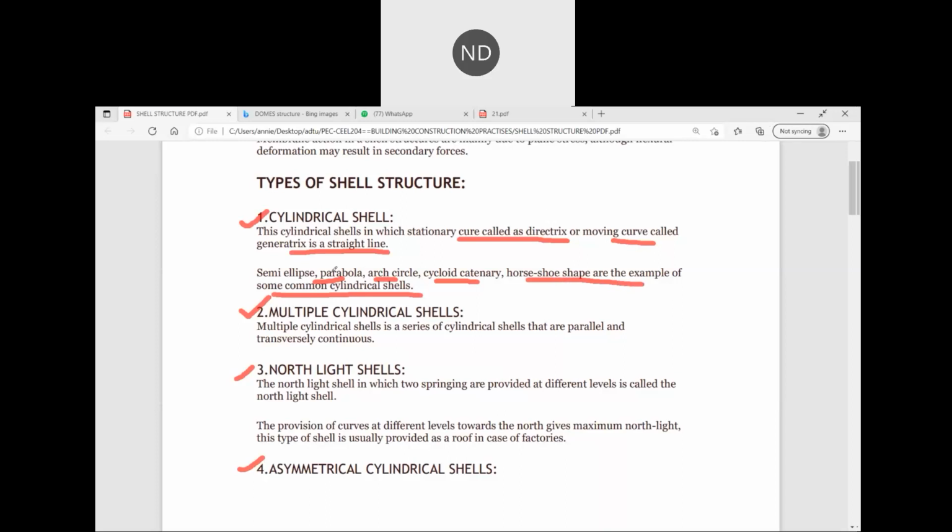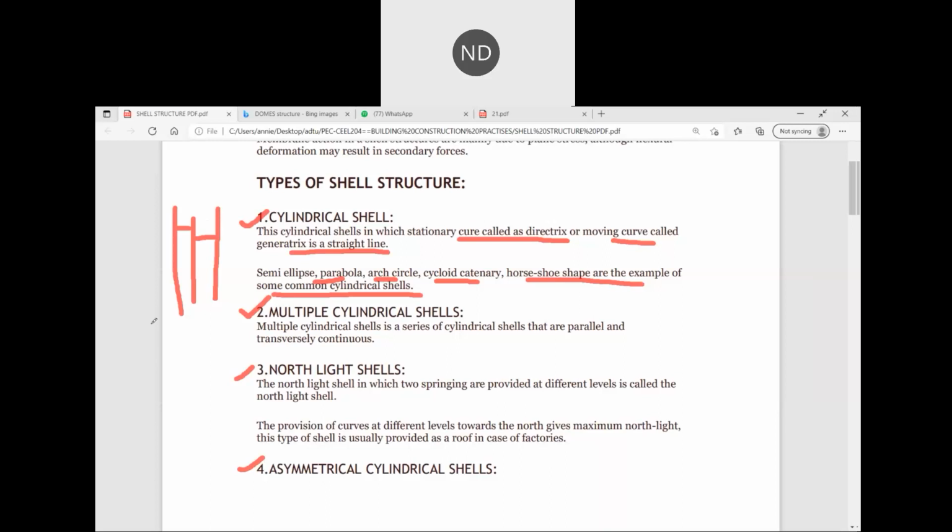So, when you have a cylindrical shell, what it means is you have a stationary curve called the directrix. Directrix means any fixed point of a structure. Like suppose you have a cylinder, this is your central fixed point, through which your radius is the same.